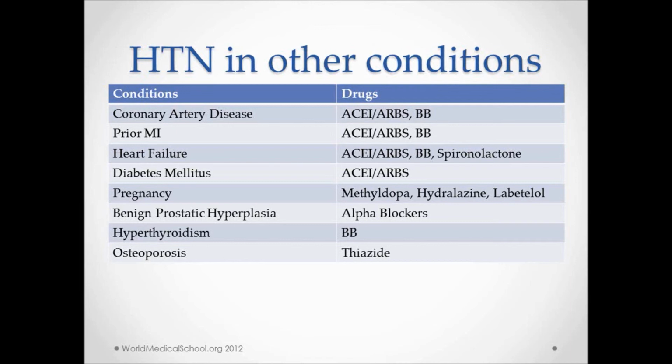In pregnancy, alpha-methyldopa, hydralazine, or labetalol can be used. Alpha blockers like terazosin and prazosin can be used for benign prostatic hyperplasia and hypertension. Beta blockers for hyperthyroidism and thiazide type diuretics for osteoporosis.